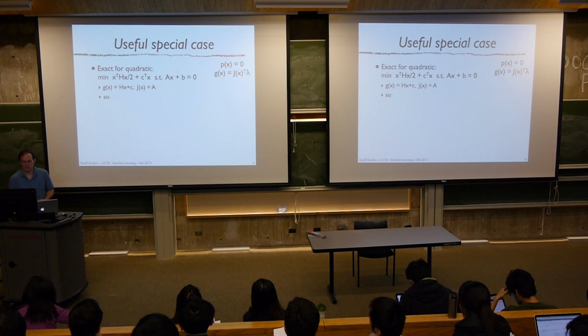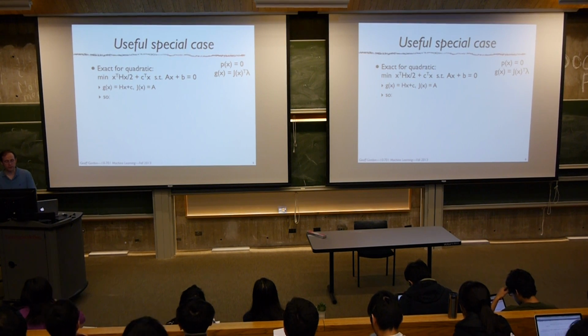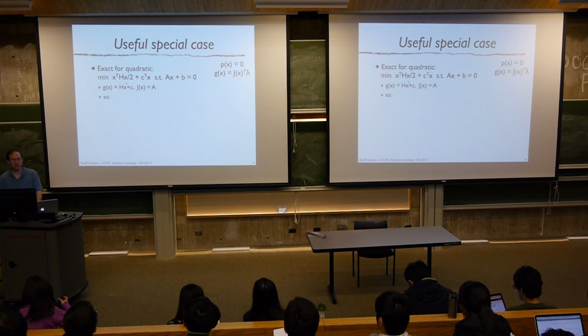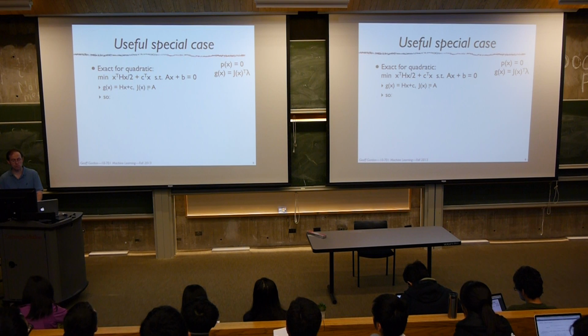So a useful special case is a quadratic, right? So if we're minimizing x transpose hx over 2 plus c transpose x subject to ax plus b equals 0, then the gradient is hx plus c. The Jacobian of the constraint is just a, right?